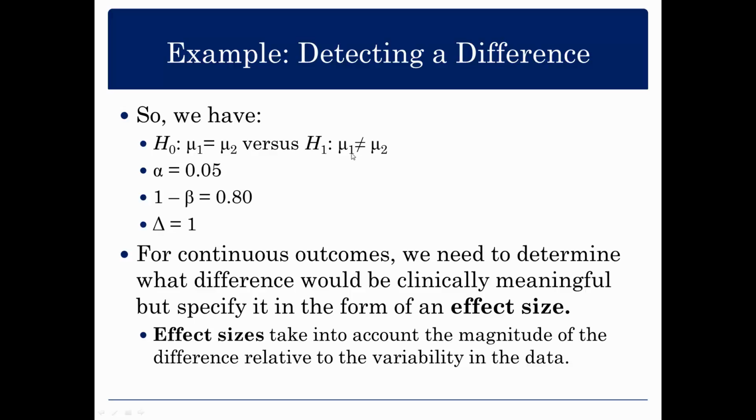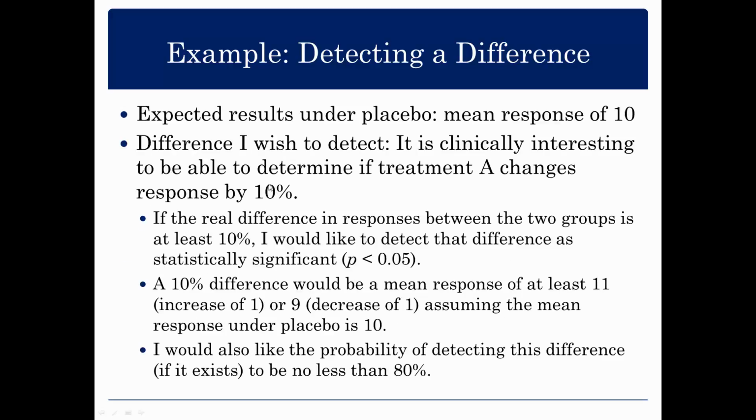If there's a difference equivalent to a 1-unit shift in the response, by the way, I calculated that here. If I expected the mean response to be 10 and I want to determine whether or not treatment A changes that response by 10%, then 10% of 10 is just 1. It's a 1-unit shift. Does that make sense? So I want to be able to determine whether or not my treatment results in an increase of 1 or a decrease of 1 in either direction.